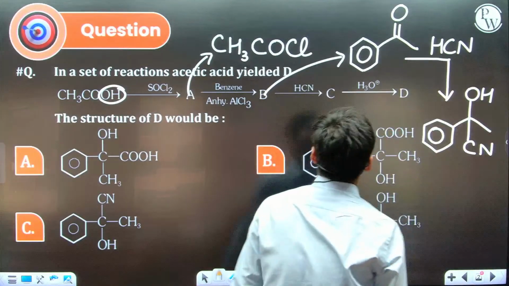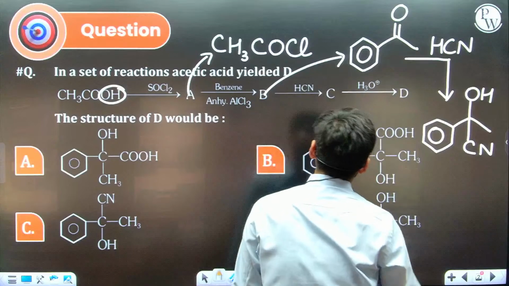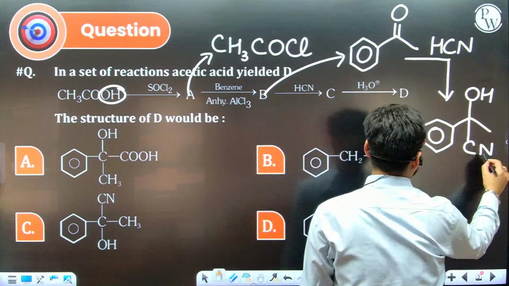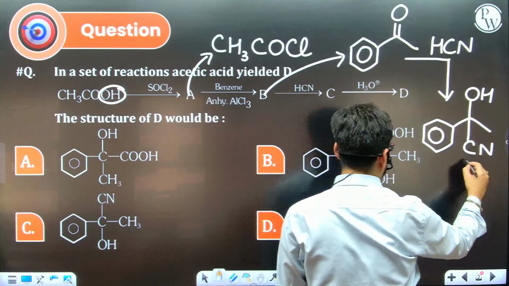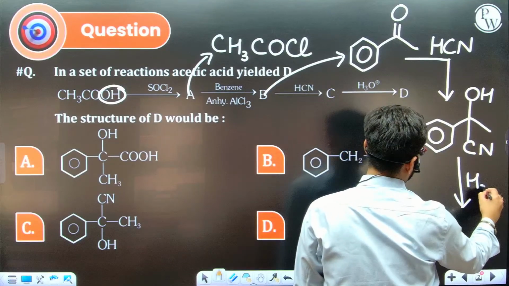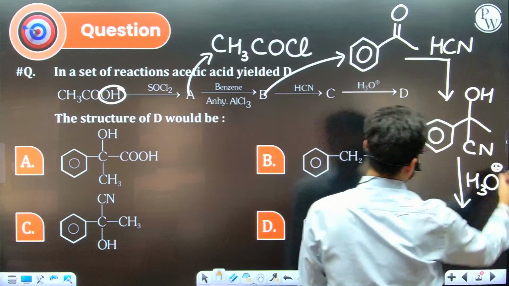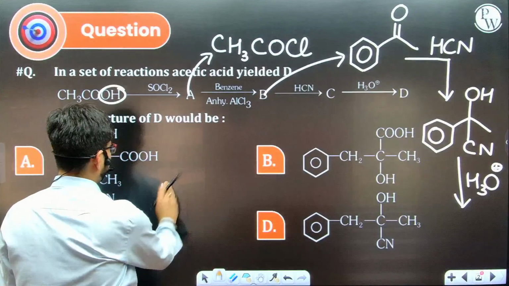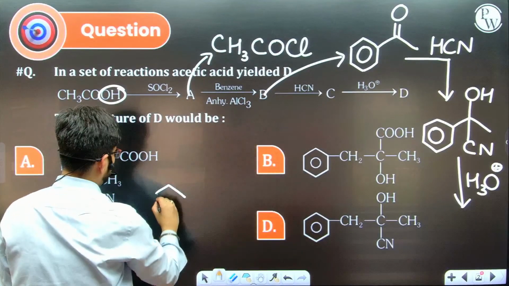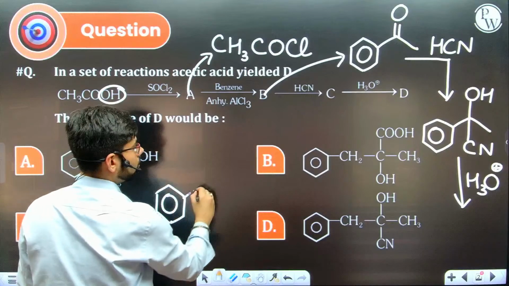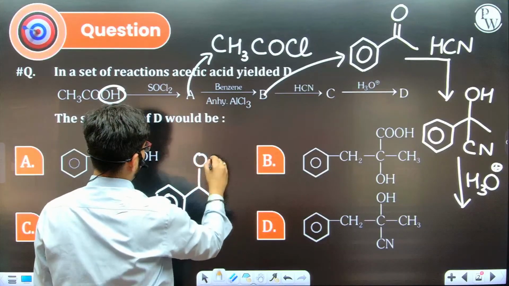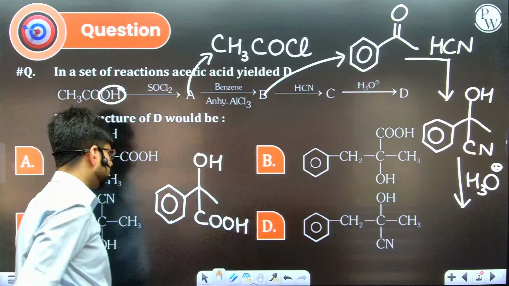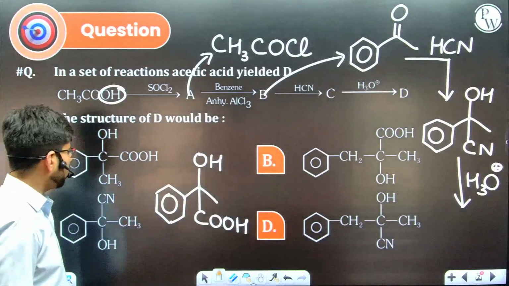So this is C. And now if C is subjected to acidic hydrolysis, we get D, which means this CN will get converted to COOH. So the final product, that is D, will be this. This is D.